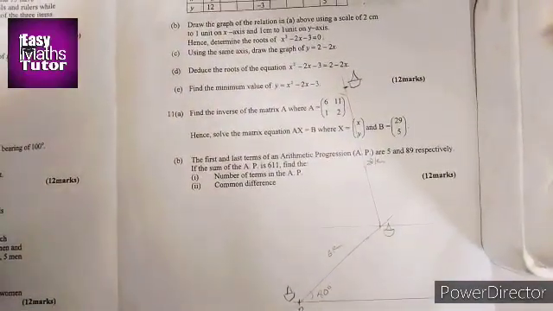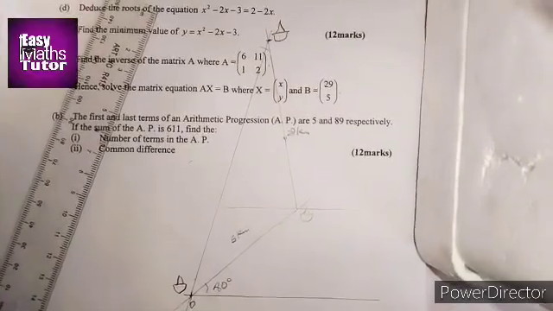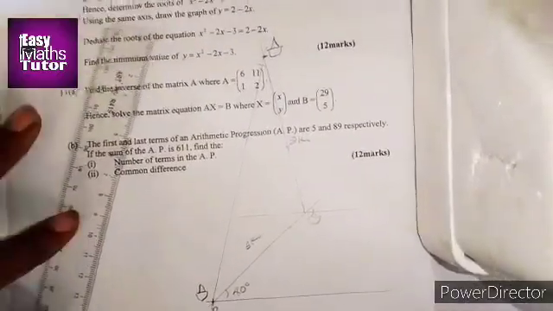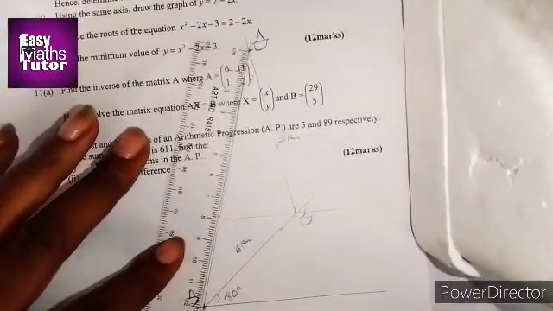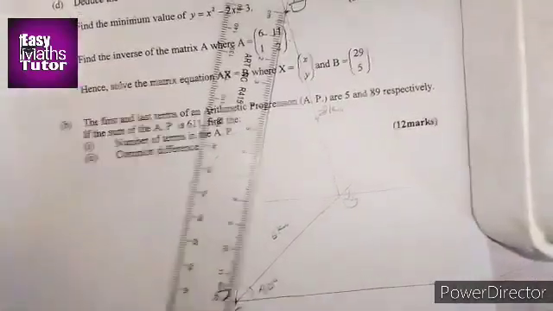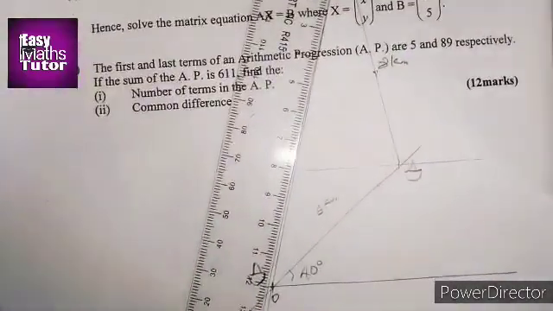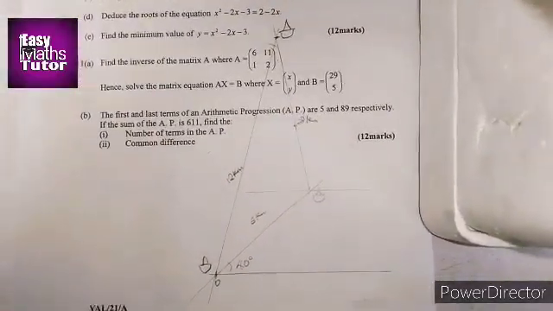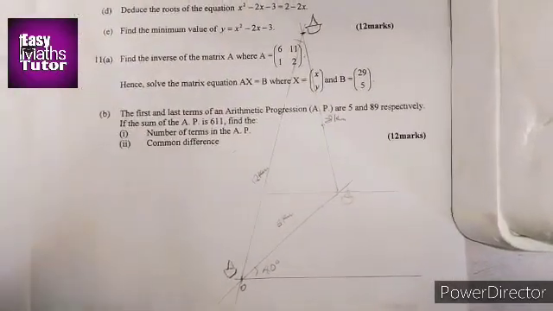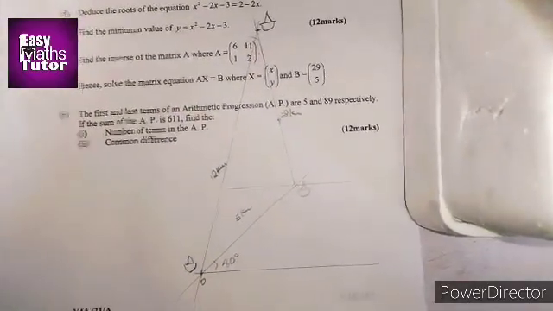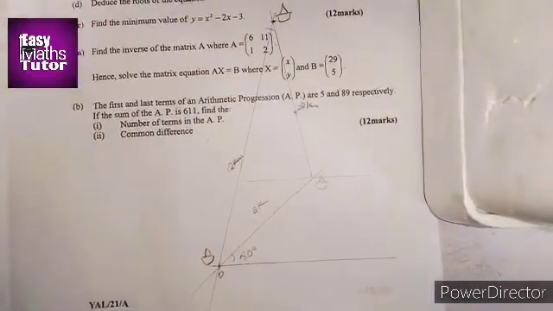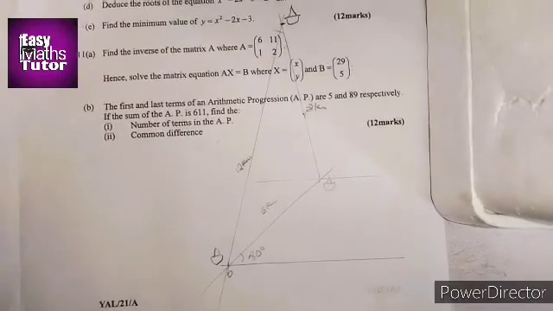I join the 2 points and measure it. From my measurements, it's 12 centimeters. So when I use my ruler to measure the distance, I got 12 centimeters, which is converted to 12 kilometers.